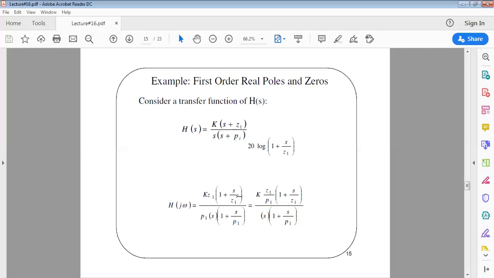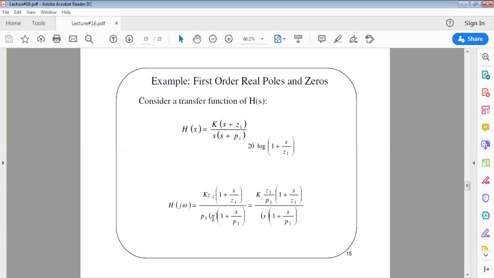As I mentioned just now, we have to use 3 steps in order to plot the Bode diagram for H(s). The first step is to write H(s) in a correct form. We take out z1, so we write this as 1 plus s over z1. s is still there, and we take out p1, giving p1 times (1 plus s over p1).